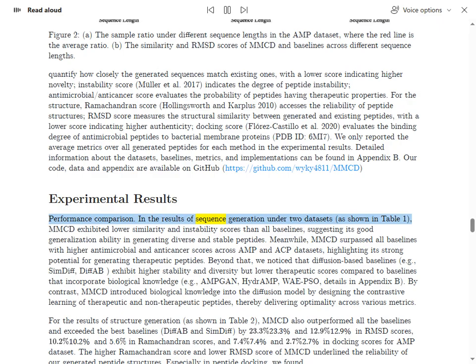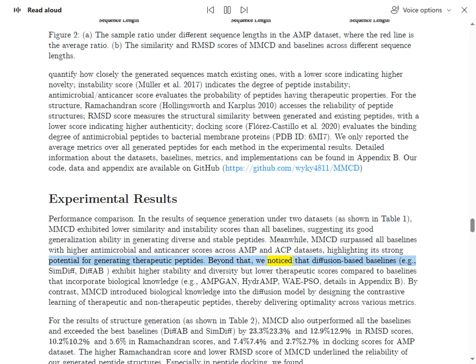In the results of sequence generation under two datasets, as shown in Table 1, MMCED exhibited lower similarity and instability scores than all baselines, suggesting its good generalization ability in generating diverse and stable peptides. Meanwhile, MMCED surpassed all baselines with higher antimicrobial and anticancer scores across AMP and ACP datasets, highlighting its strong potential for generating therapeutic peptides.